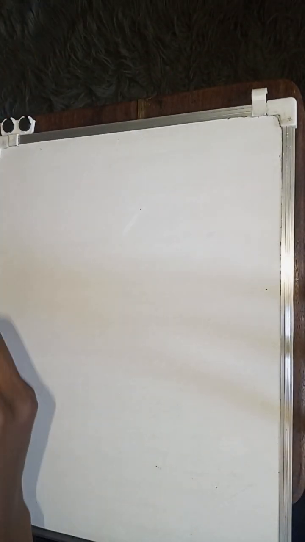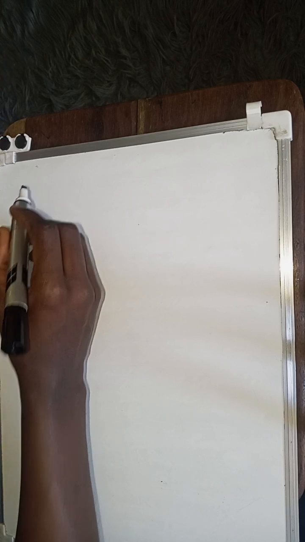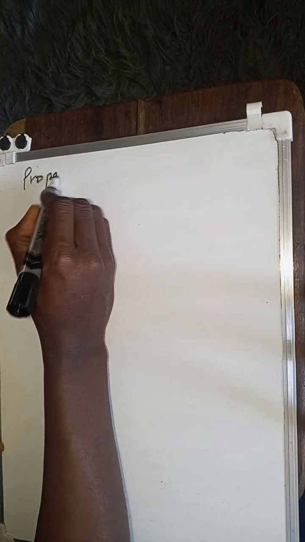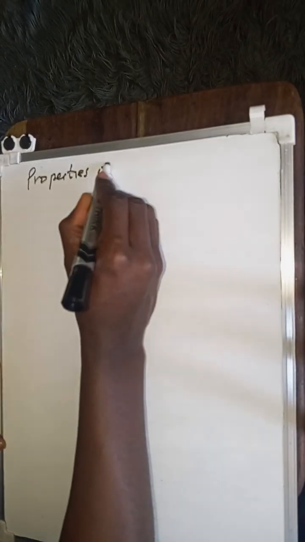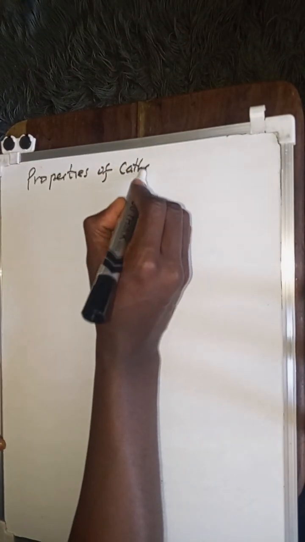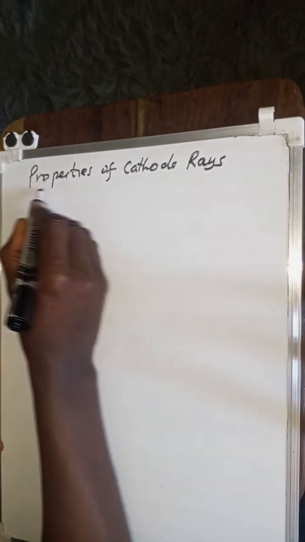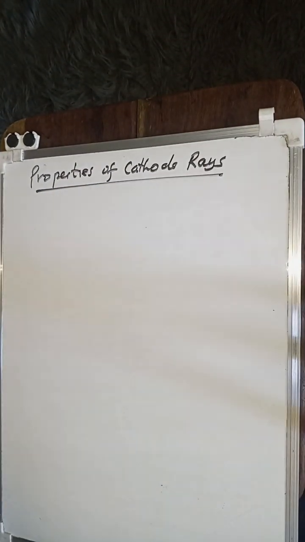Since we have defined cathode rays, let's conclude this discussion by looking at properties of cathode rays. So what are the properties of these cathode rays that we have talked about?